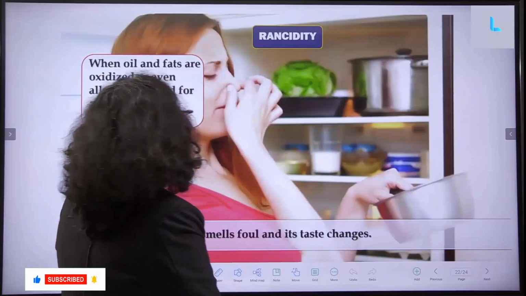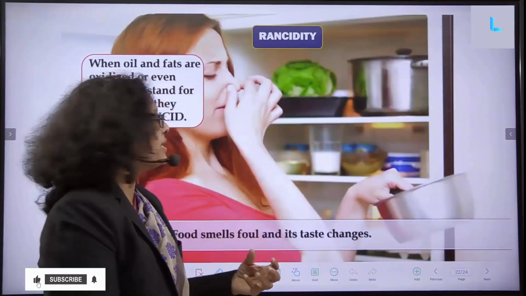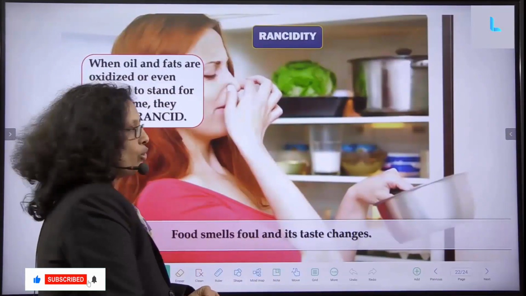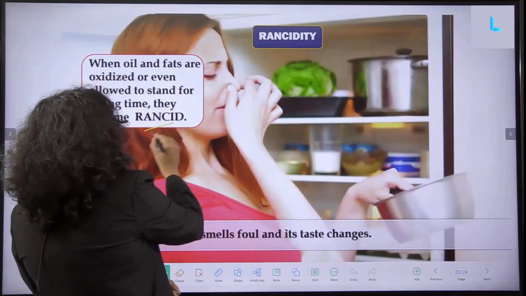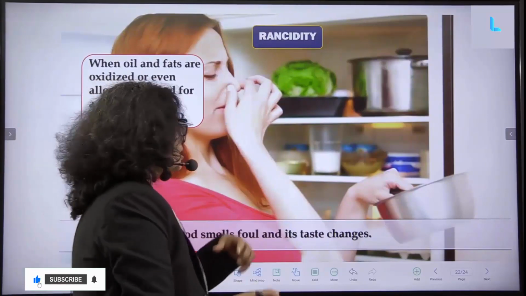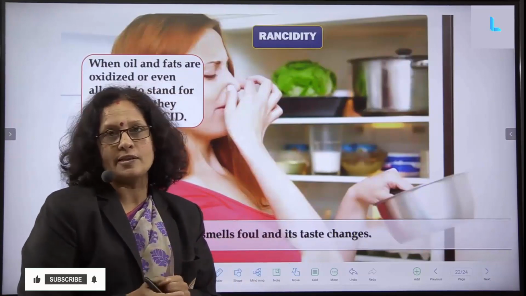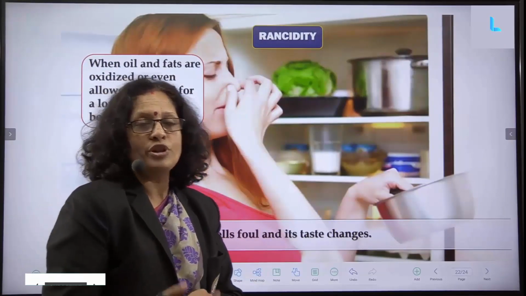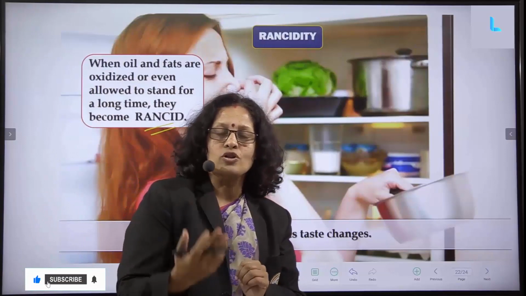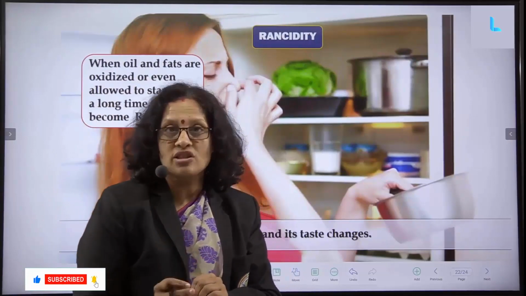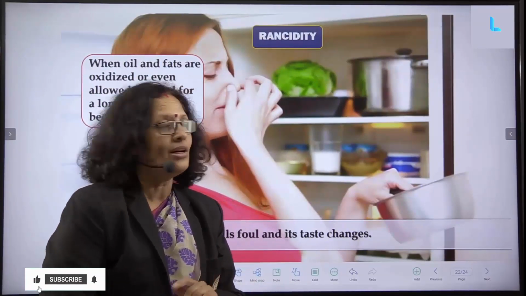Like this, when oils and fats are oxidized and allowed to stand for a long time, they become rancid. So rancidity is when the smell, taste and appearance of the oil and fatty substance change with time due to the presence of oxygen in the environment. It undergoes oxidation, and that is called rancidity.